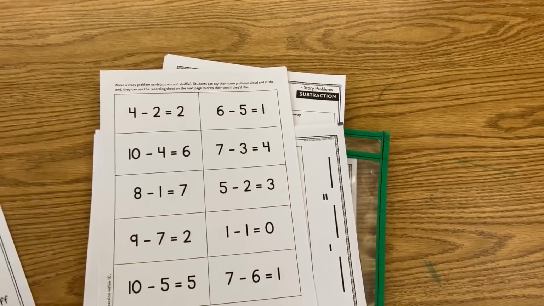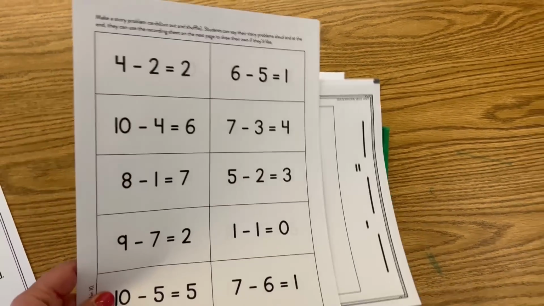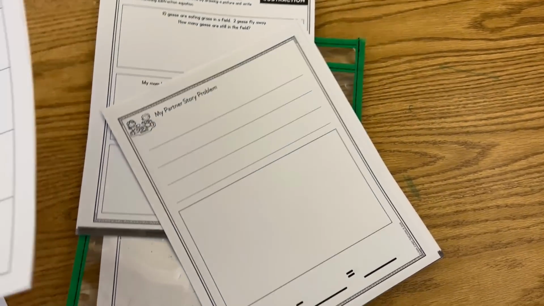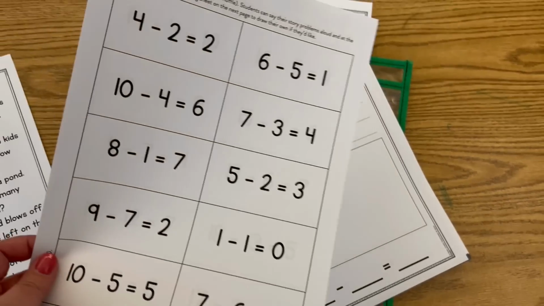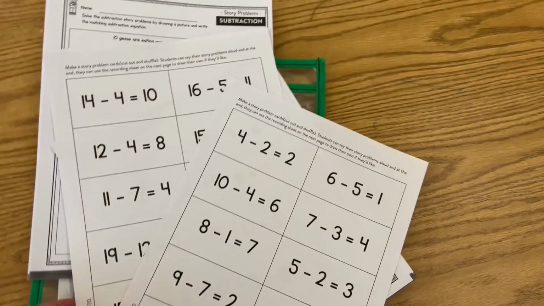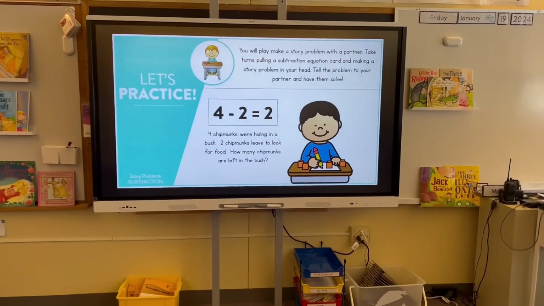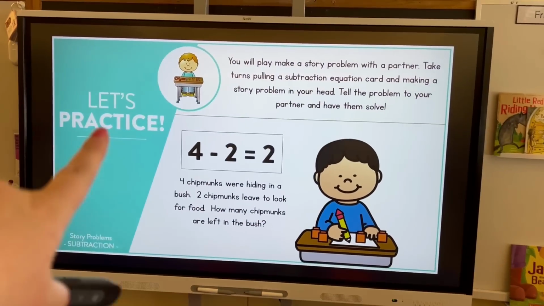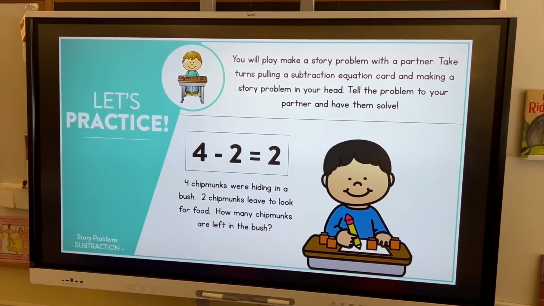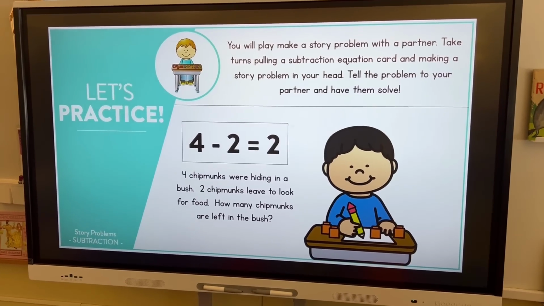And then the last thing they're gonna do is they are going to get a subtraction story problem with a partner. And I'm gonna shuffle up these cards, they're differentiated, so some are already within 20, some are only within 10. So here, like I said, I will pass out one of these cards, and students will get together to try to make their own story problem.